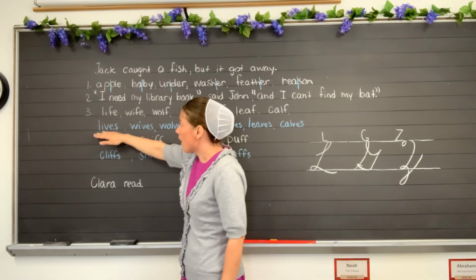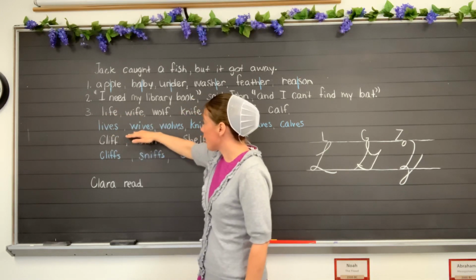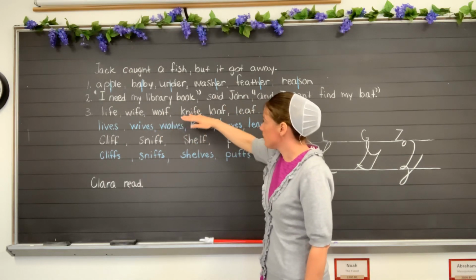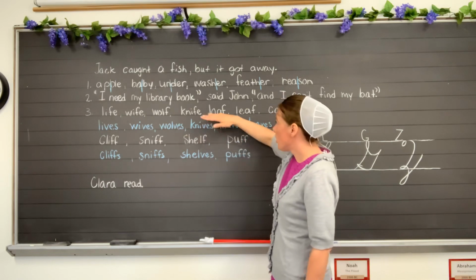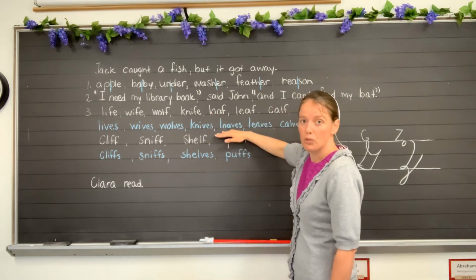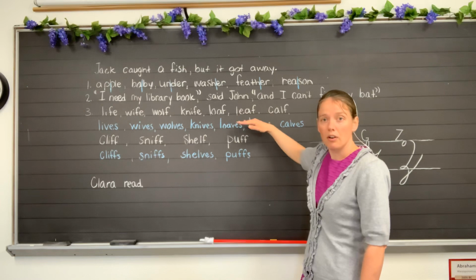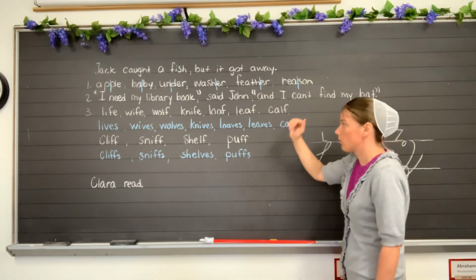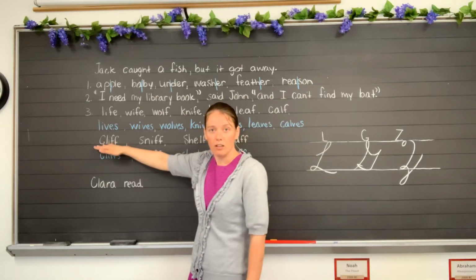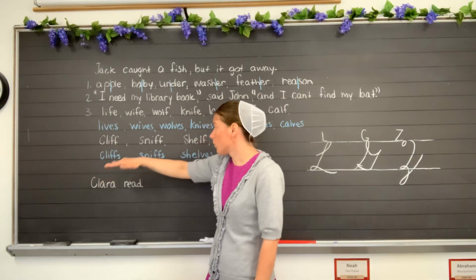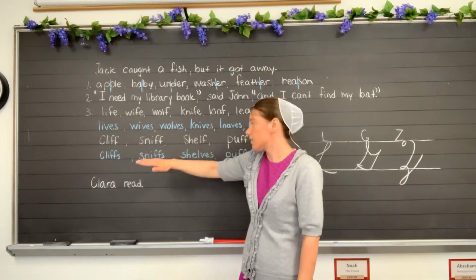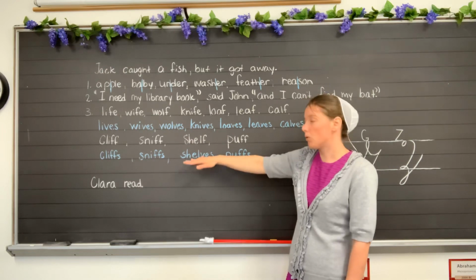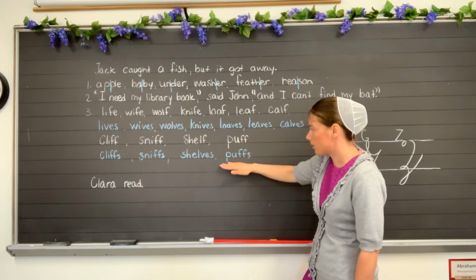Life is lives, wife is wives, wolf is singular, wolves is plural, knife is singular, knives are plural, loaf is singular, loaves are plural, leaf is singular, leaves are plural, calf is singular, calves are plural, cliff is singular, cliffs is plural, sniff is singular, sniffs is plural, shelf singular, shelves plural, puff singular, and puffs plural.